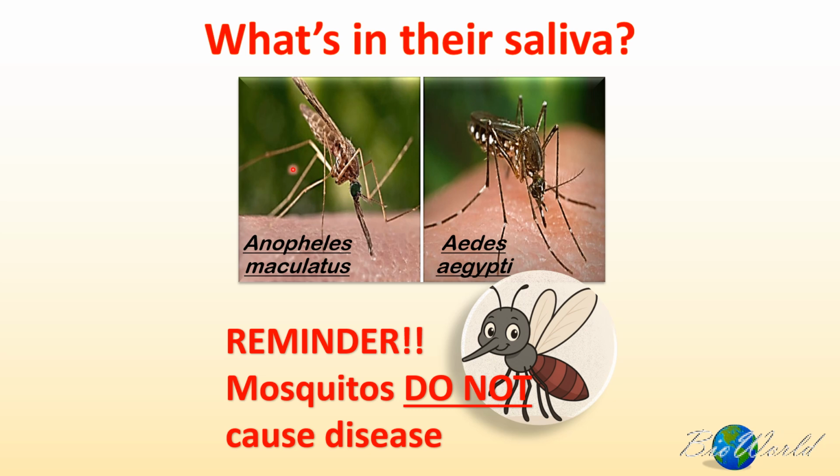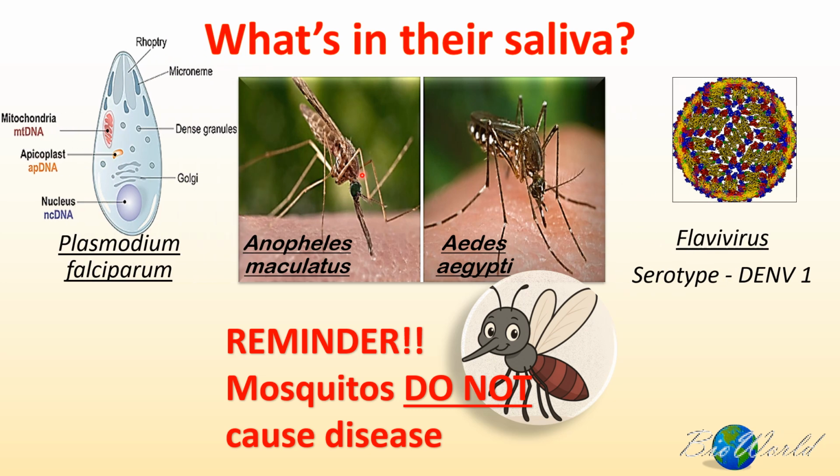So now, what is in the saliva of the Anopheles and the Aedes? The Anopheles mosquito has a microorganism called Plasmodium falciparum in its saliva, whereas the Aedes has a microorganism from the genus Flavivirus. This genus of Flavivirus are viruses coming from different serotypes such as Dengue1, Dengue2, Dengue3, Dengue4.